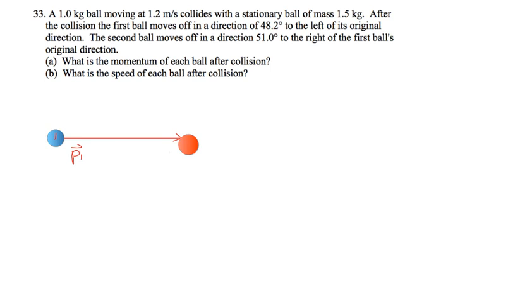And notice also that both of these angles are with reference to the original direction of the first ball. The original direction of the first ball we always make the x direction, so that all the momentum to begin with is in the x direction. So I'm going to extend that to the right. I'm extending my x direction because that's part of my angle.